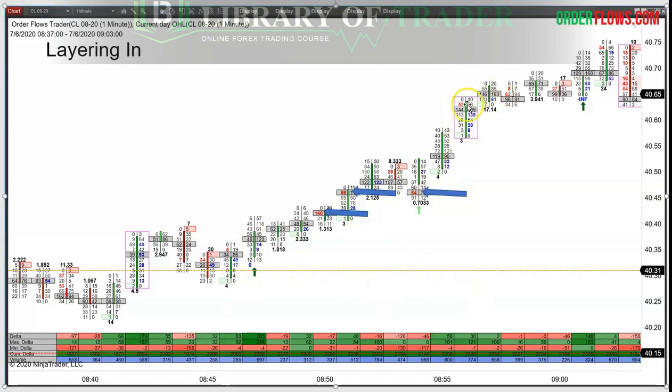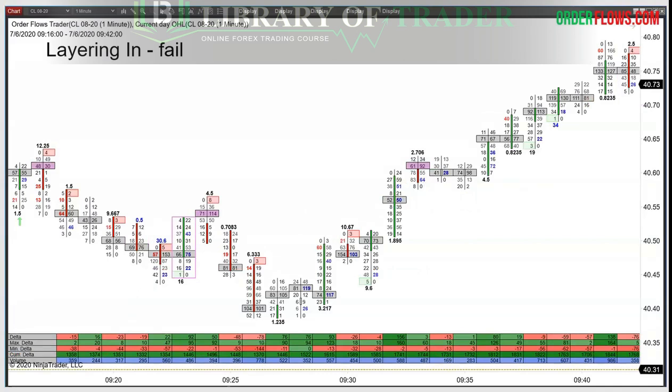People always ask, how can the market go up on negative delta, minus 16, minus 126, minus 46? So people are layering in their bids. They're supporting the market. Oftentimes, personally, I think that when you see it in the second slot, that's the most powerful. But there's been testing that we've been doing, and it's just as powerful when it appears mid-bar as well. So pay attention to those.